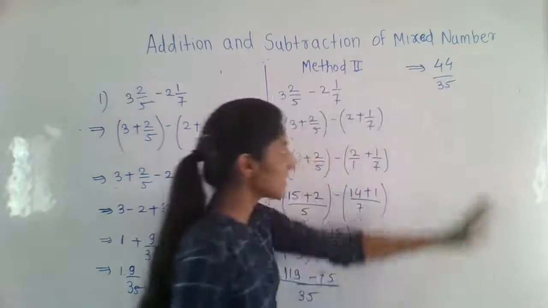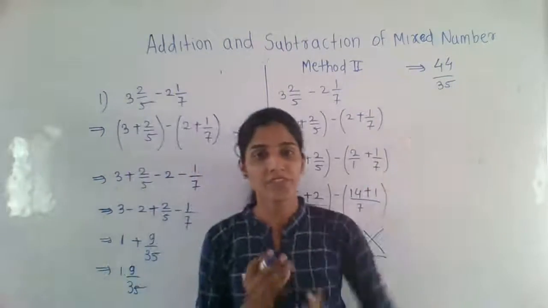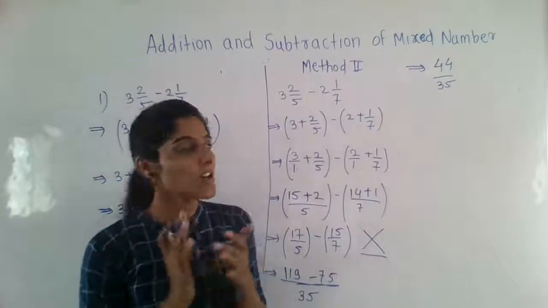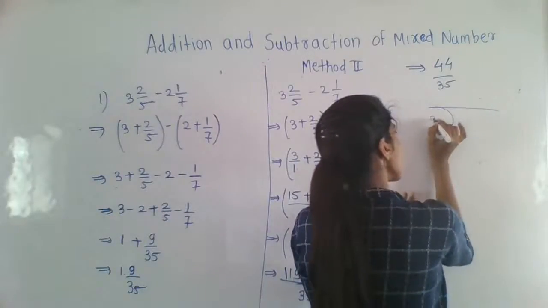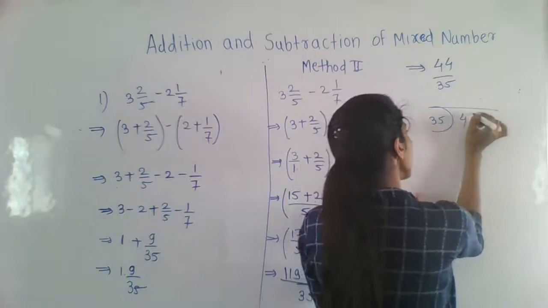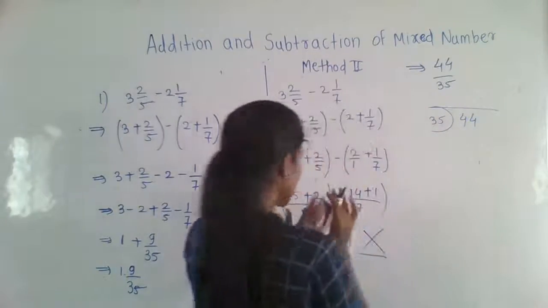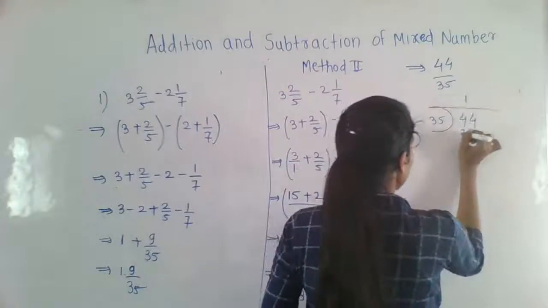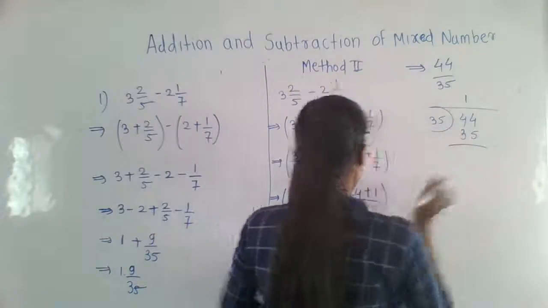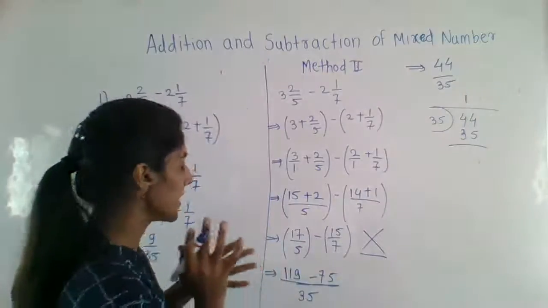You can see here, this is again an improper fraction. We have to convert this fraction into a mixed number. How can we convert? Simply by the division method, 35 and 44. 35 ones are 35.